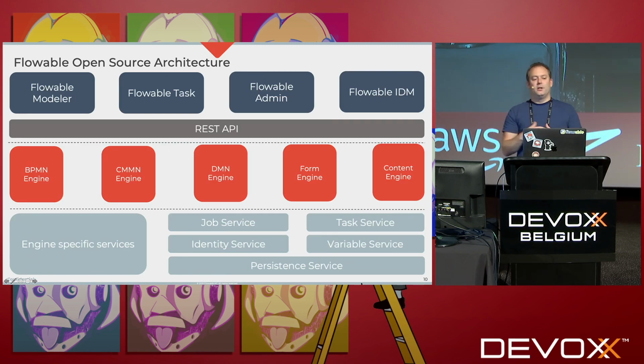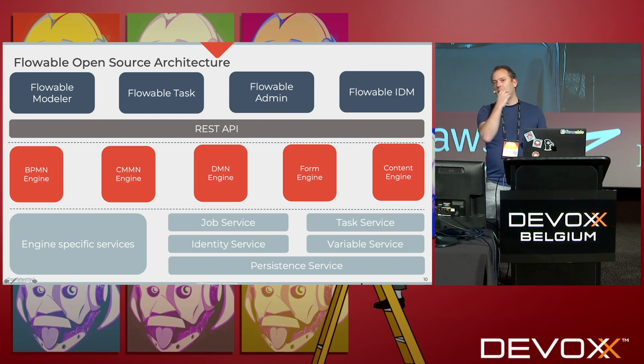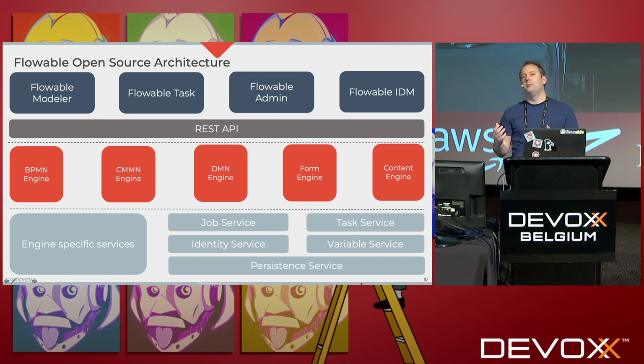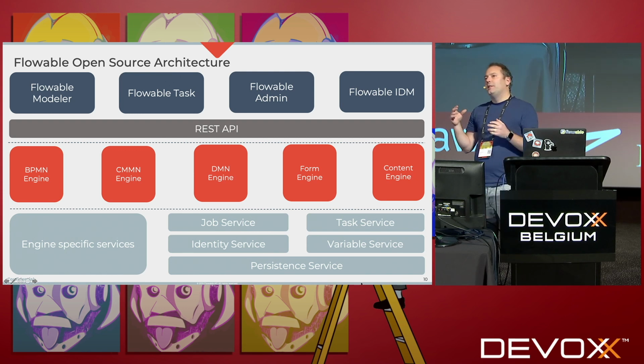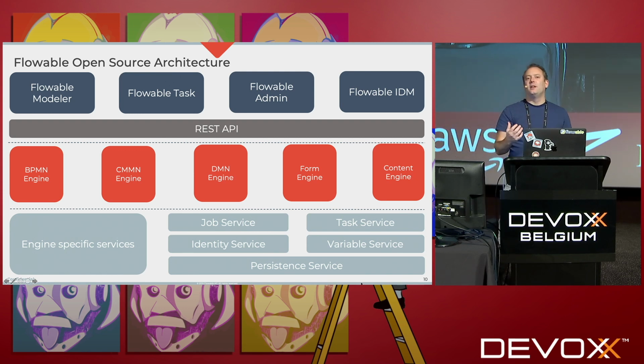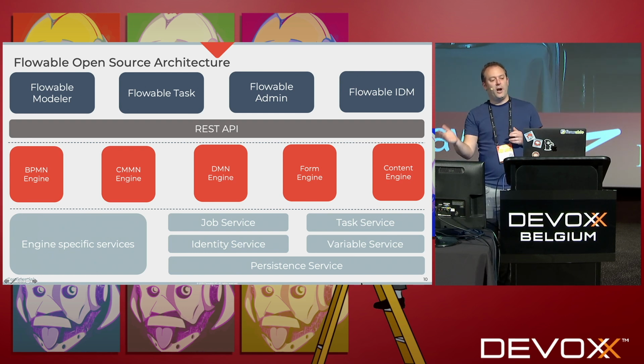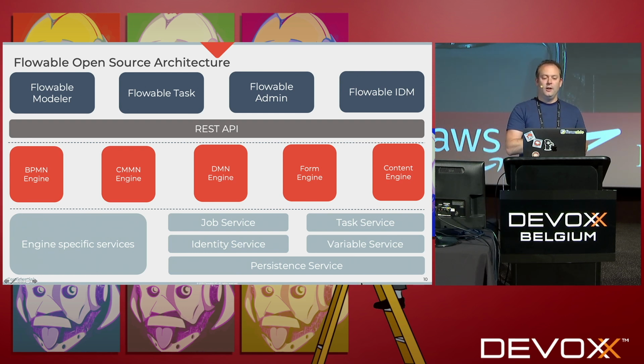If we take a little step back and look at the Flowable architecture, we started off a lot of years back with just a BPMN engine and a couple of applications like the modeler and task application. And that BPMN engine had everything inside it. So it had a variable component, it had a task component, a job component for asynchronous and timer jobs.